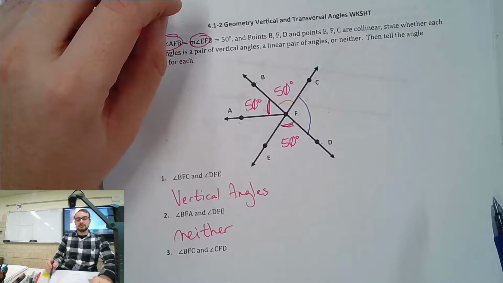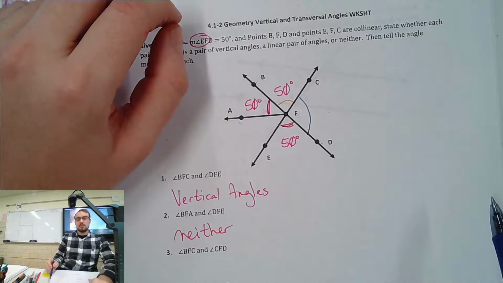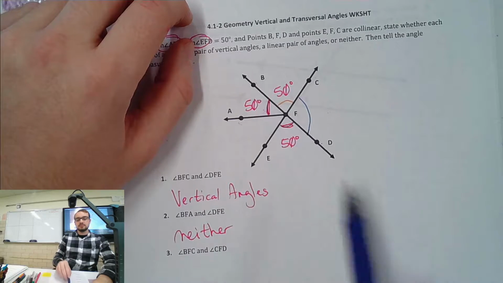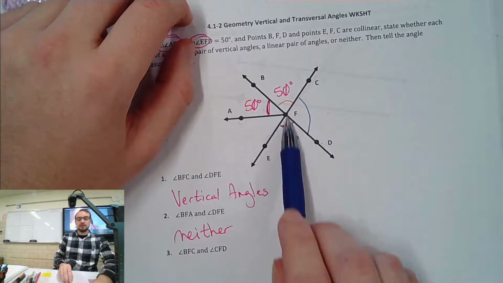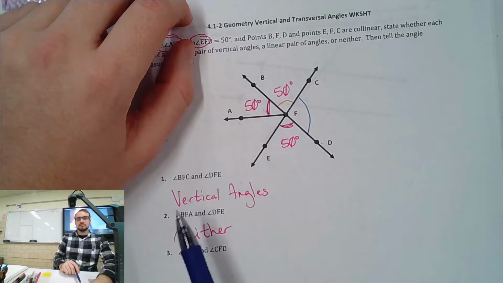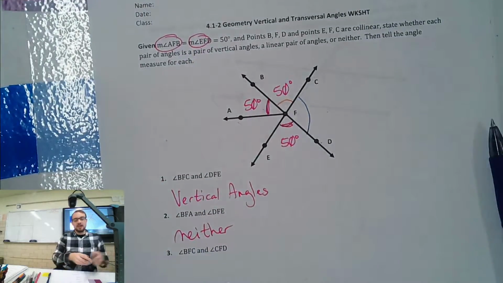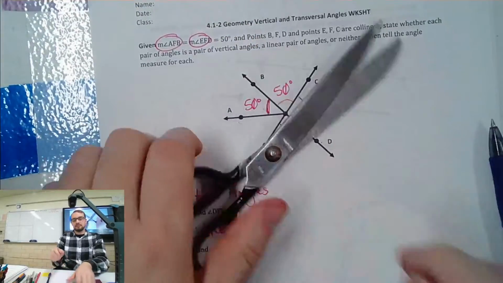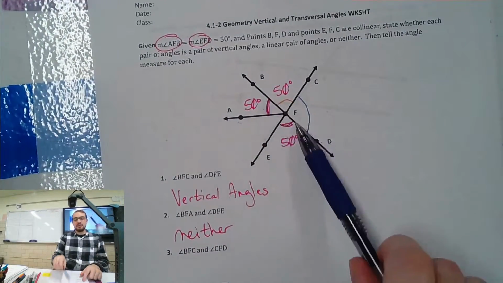Tell me why they aren't vertical angles. Because they don't match. Like, these are vertical angles, right? Because that one's on the side. Yeah, exactly. So we have the top part of the scissors and the side part. Remember, vertical is top and top, left and right. Okay, good. So why is this not a linear pair?